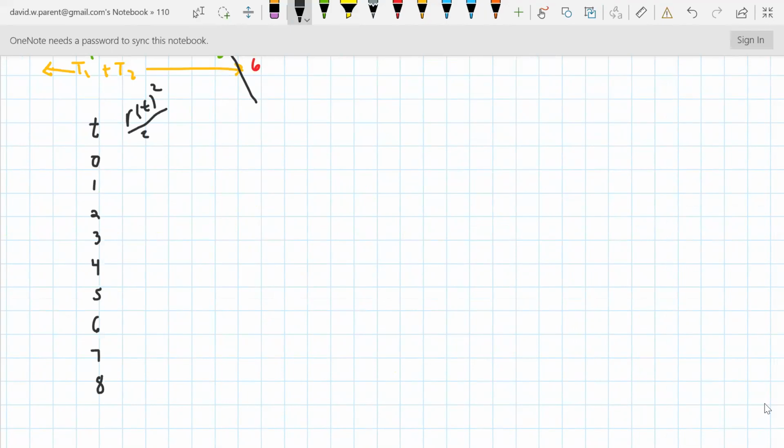Which I guess I'll just put a 2 here, right? So at time equals 0, that's 0. 1 squared divided by 2 is 1/2. 2 squared divided by 2 is 2. 3 squared is 9 divided by 2. 16 divided by 2 is 8. 25 divided by 2, 18. 49 divided by 2, and 32.